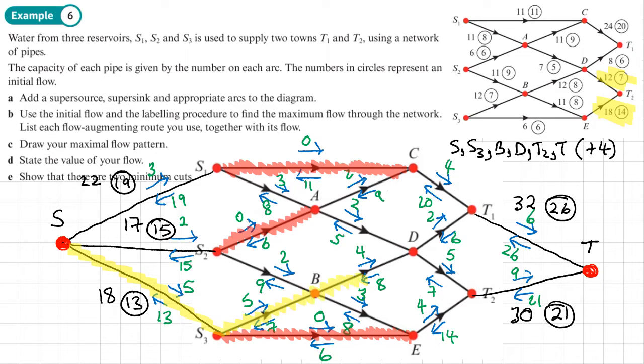So if we're going to augment this route, that means increasing the flow by 4, which means that the amount I can increase the capacity by decreases by 4, and the amount that I can reduce it by increases by 4. So I'll do one of these and fill in the rest.